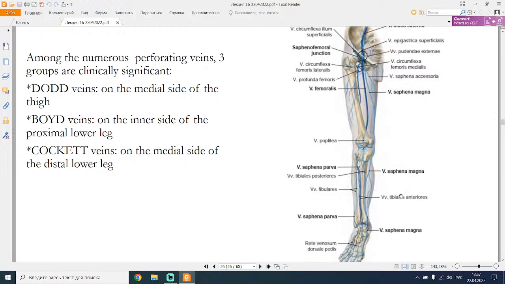The Boyd vein is situated on the inner side of the proximal leg, and Cockett veins are located on the medial side of the distal lower leg. These are perforating veins.